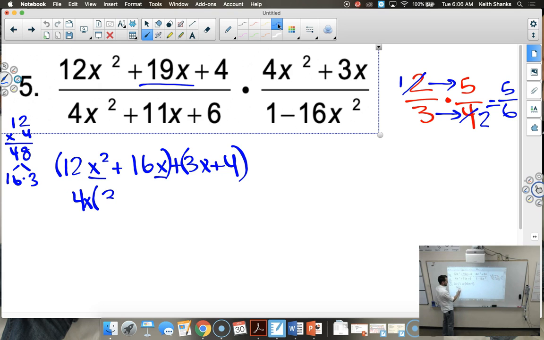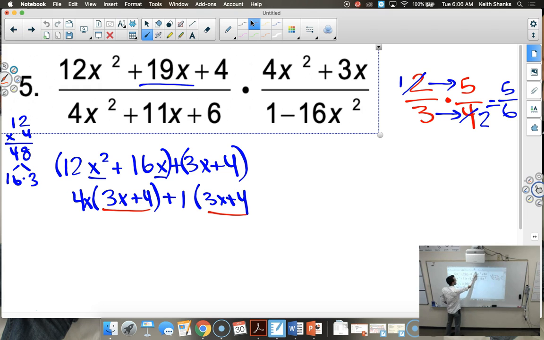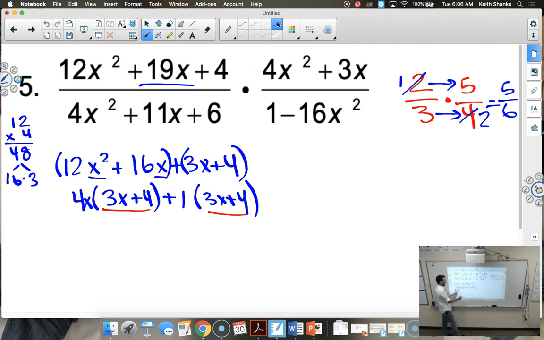If I take that, I end up with 3x plus 4 plus, the only thing these have in common is a 1, 3x plus 4. What I was looking for when I grouped these was this and this. Notice those are the same. And when those are the same, this has basically been the distributive property. We distributed through a 4x and a 1.